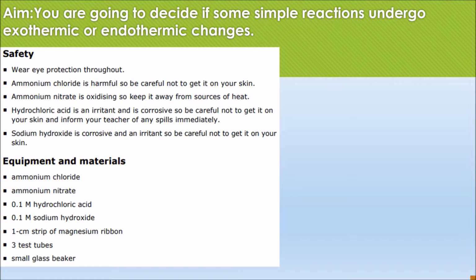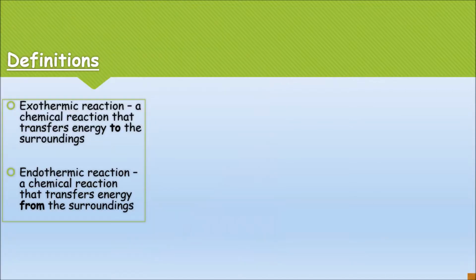The next thing that you're going to do is to decide if some simple reactions undergo exothermic or endothermic changes. This is the equipment that would be used and the safety precautions that one would normally pay attention to. Before that though, let's look at some definitions.